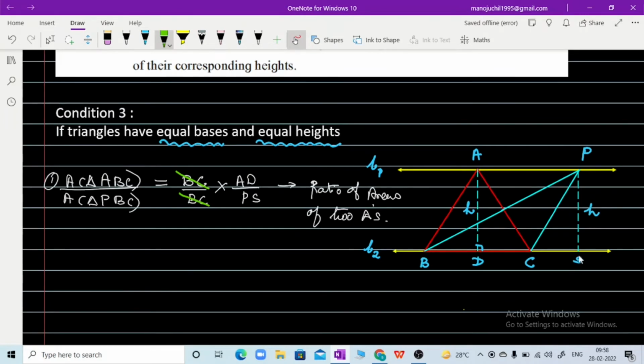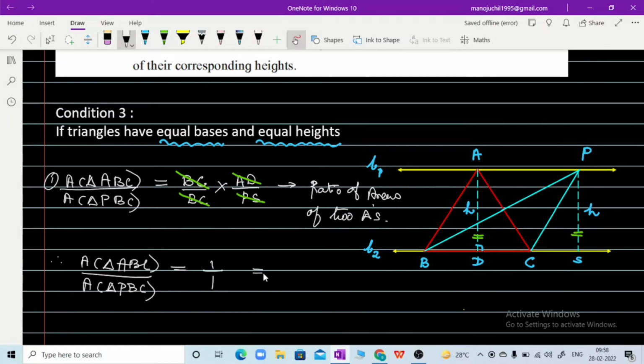Why are AD and PS equal? What is the reason? It's because this is the distance between the two parallel lines. So I can even cut AD and PS. So what is left? I'll be left with area of triangle ABC upon area of triangle PBC is equal to 1 upon 1.